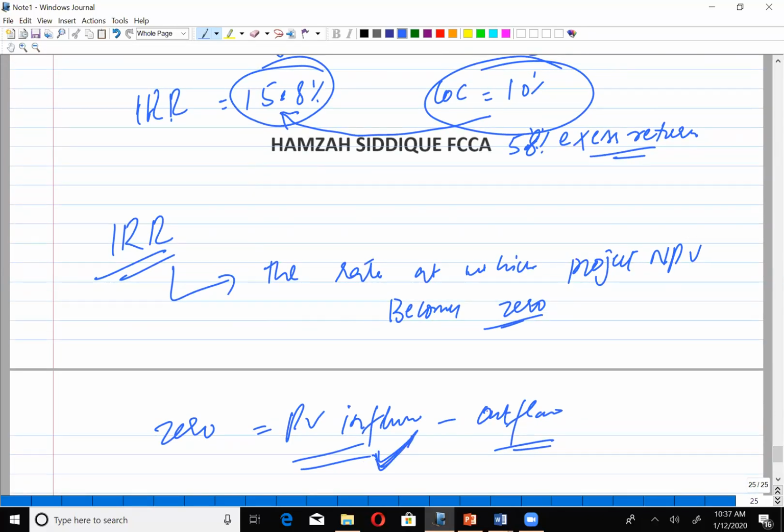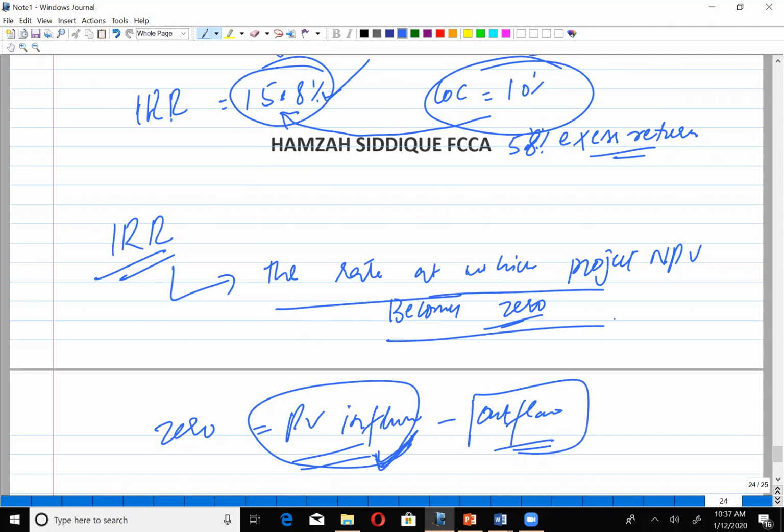This is the return; if you deduct the excess return, then NPV becomes zero. I hope it is clear to everyone.